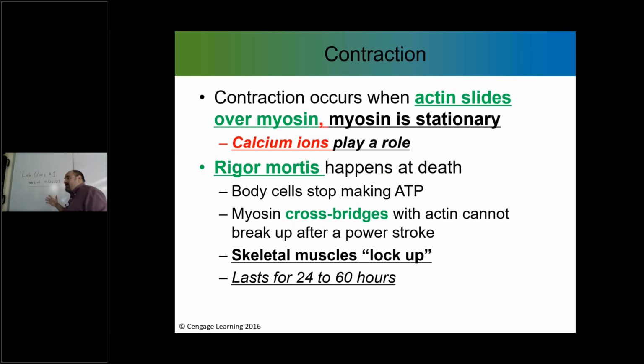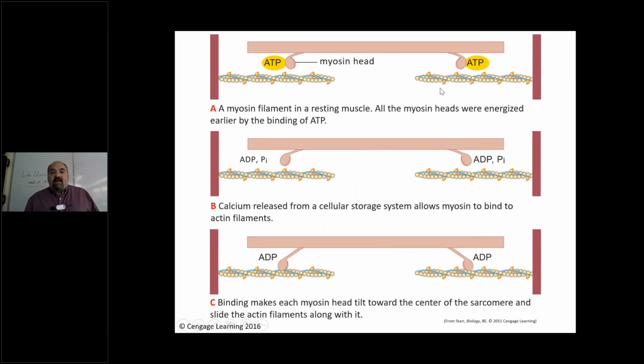And what happens is that myosin, let's go here for a moment. I'll come back to this. So look at this image here. You're seeing myosin is kind of purple on this image. That's myosin, the thick myofilaments. It's stationary, doesn't move.